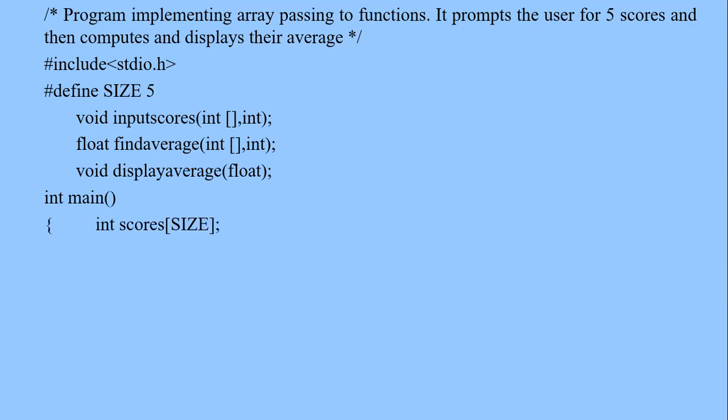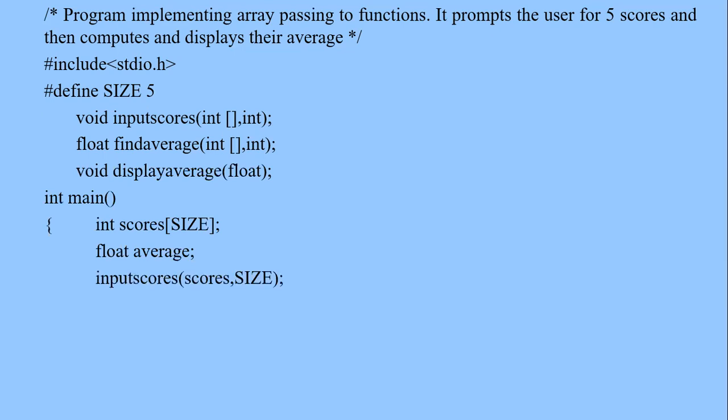Then we have our main function, which is declaring an array called scores of size 5. Then we declare a variable called average of type float.